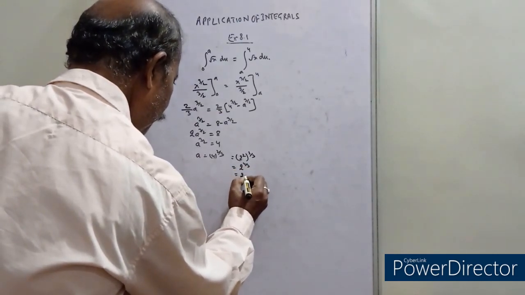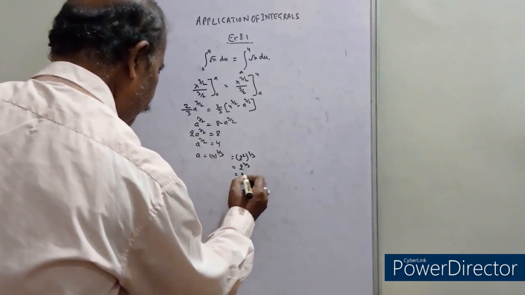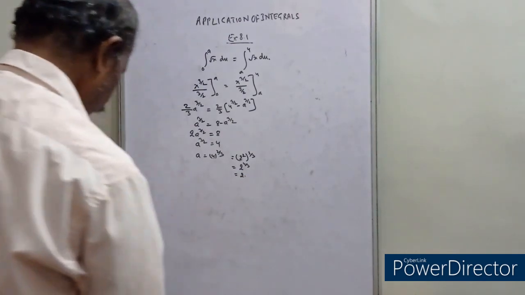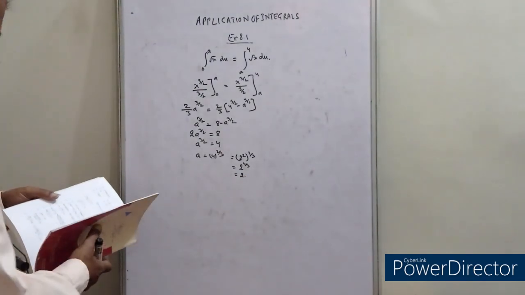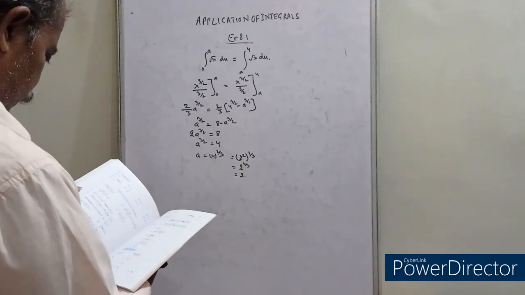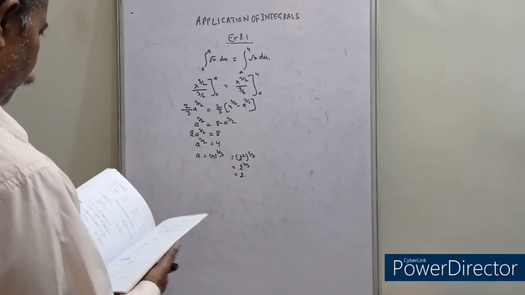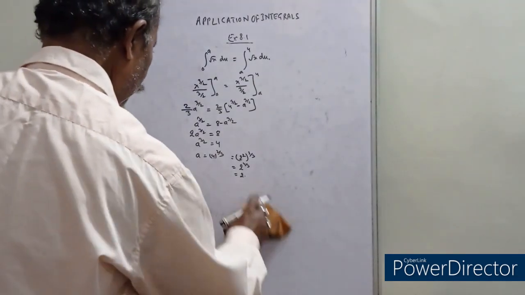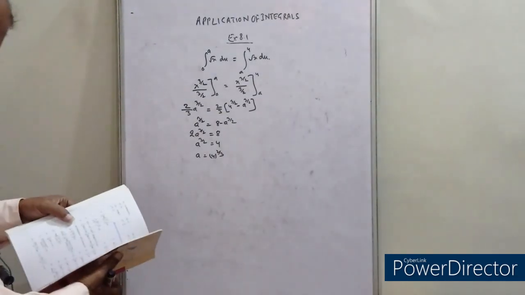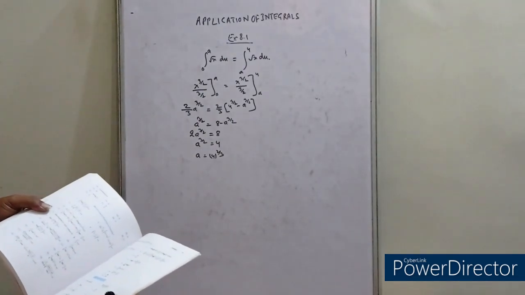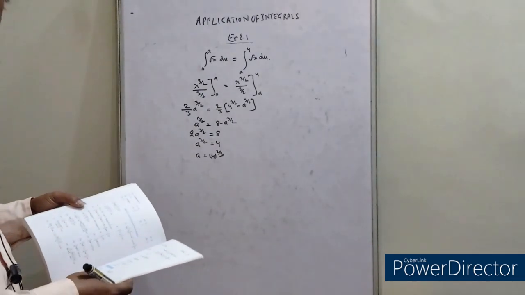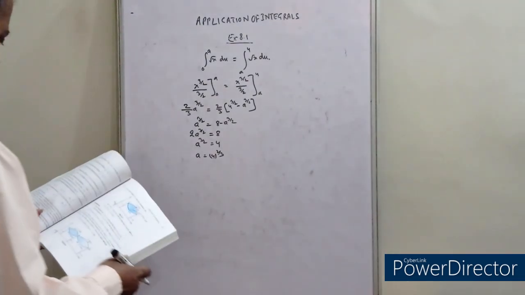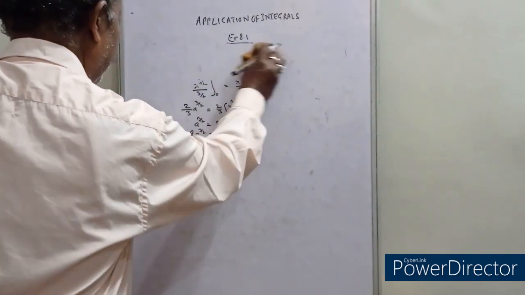The answer is correct, no need of going further. Exercise 8.1 question number 8, a is equal to 4 to the power 2 by 3. This is correct.